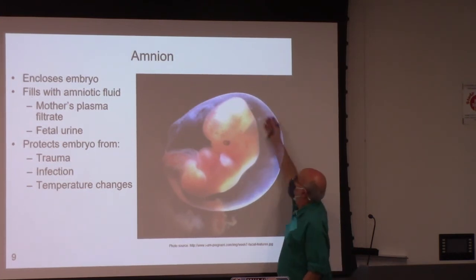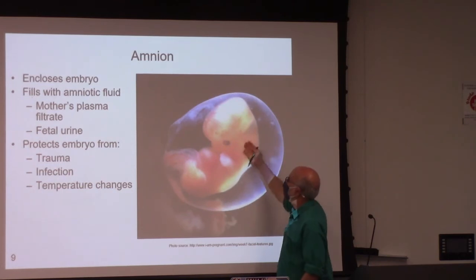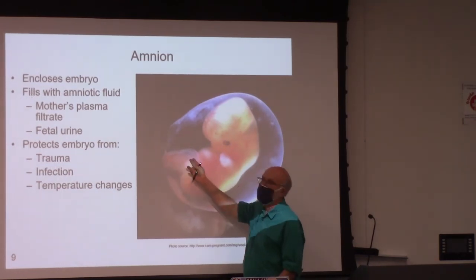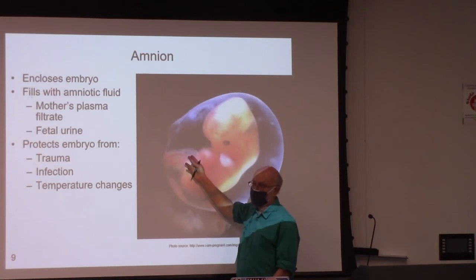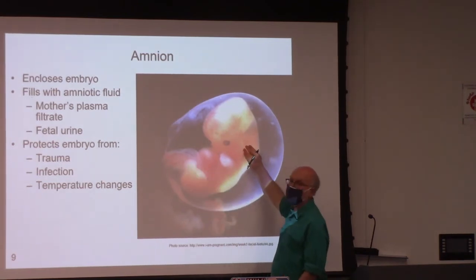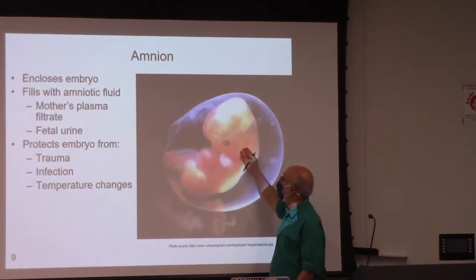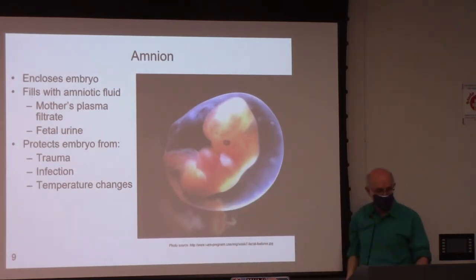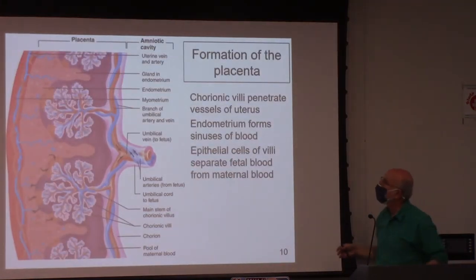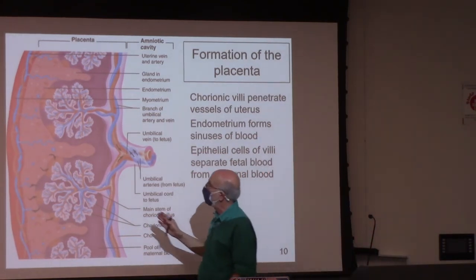So we have an amnion and a fetus and an umbilicus to provide nutrients from the uterus to the developing embryo, and to allow some of the waste products to be removed into the maternal circulation. And that's what's illustrated here. So let's get oriented.